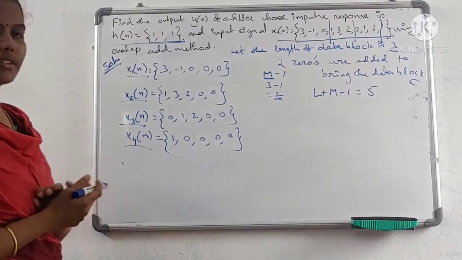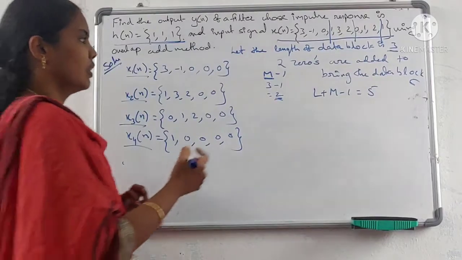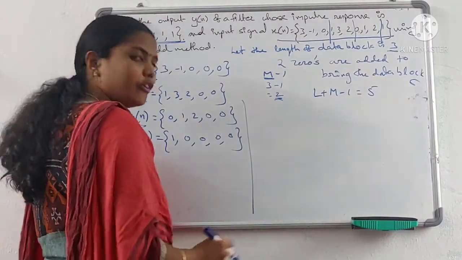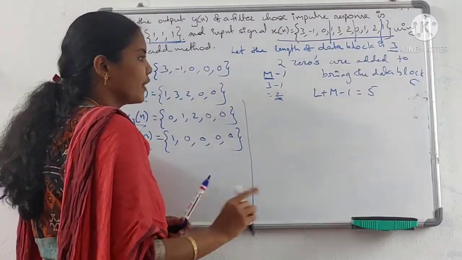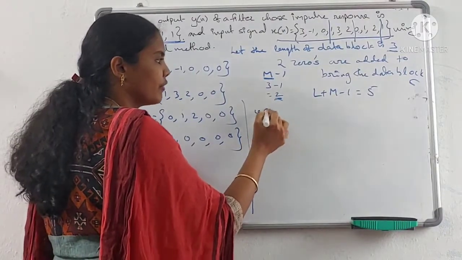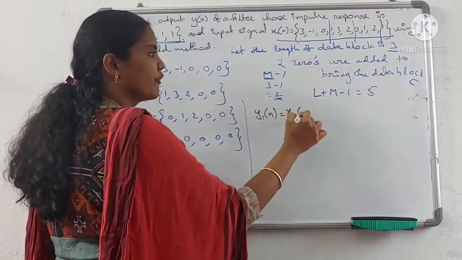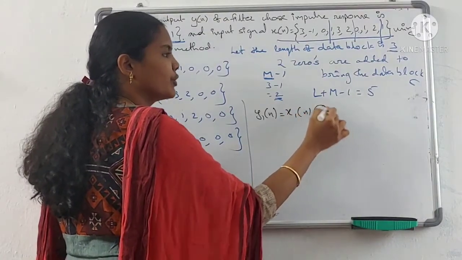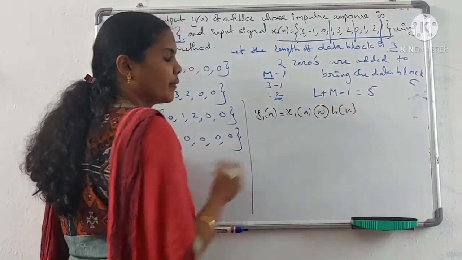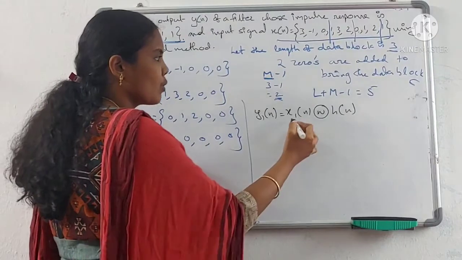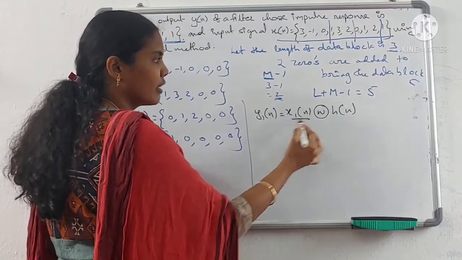After this we have to find y1 of n, which is x1 of n circular convolution with h of n. What is x1 of n?